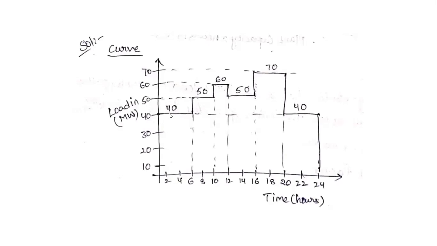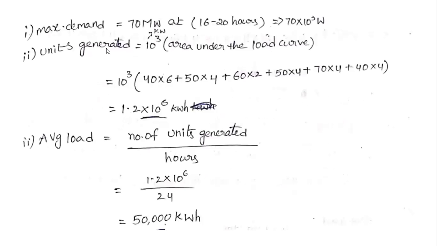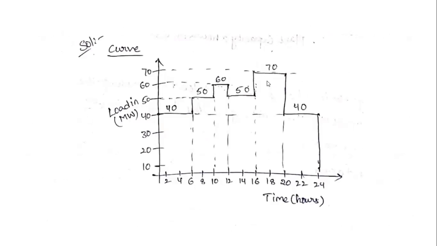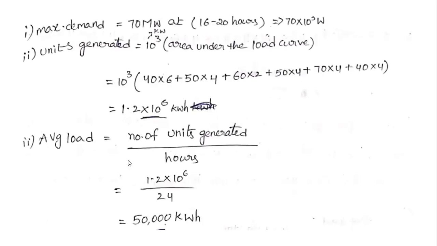Therefore, 10 cube into 40 into 6 plus 50 into 4 plus 60 into 2 plus 50 into 4 plus 70 into 4 plus 40 into 4. By using that load curve, we calculate the maximum demand and units generated.